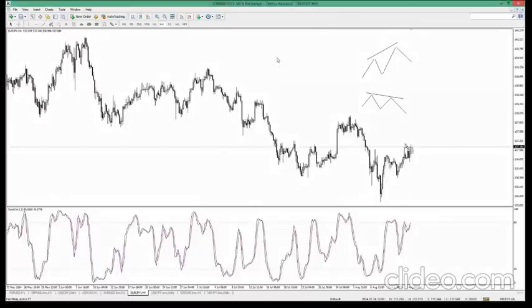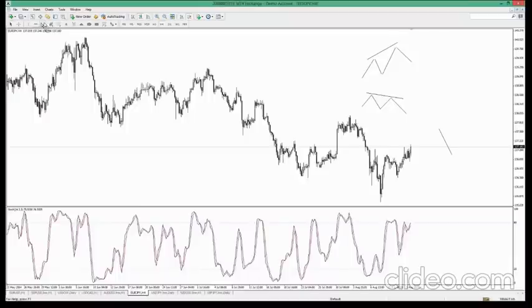But in terms of the reverse divergence, what we're looking for is very straightforward. In the downtrend, we basically have price doing this.